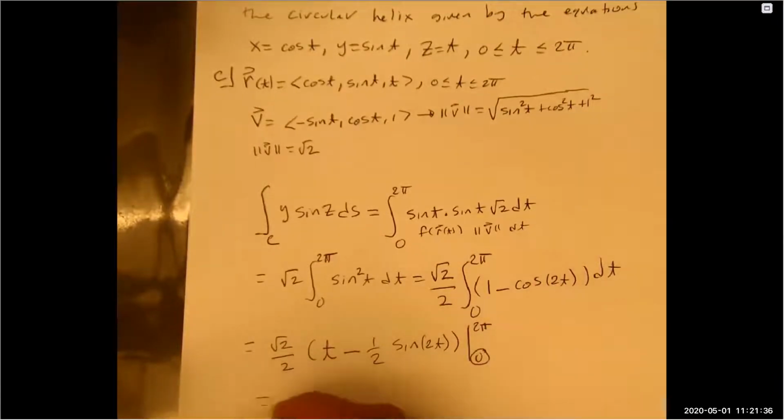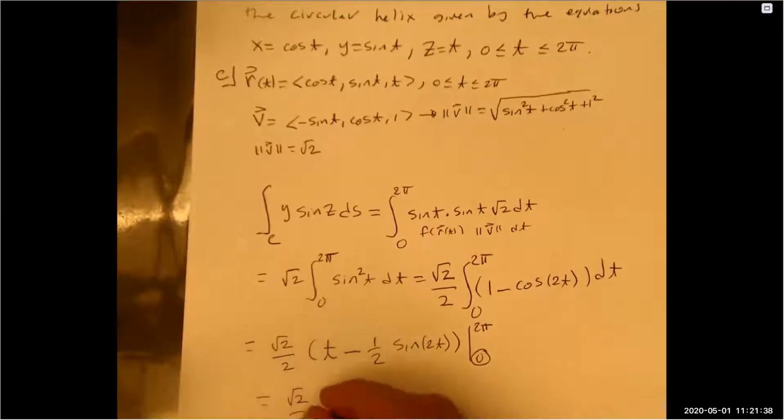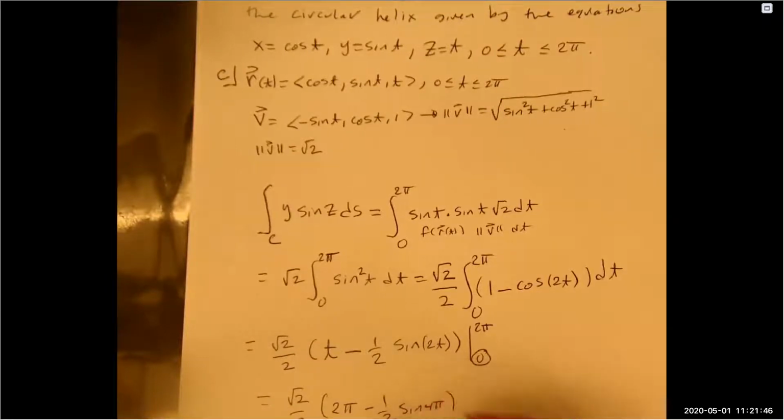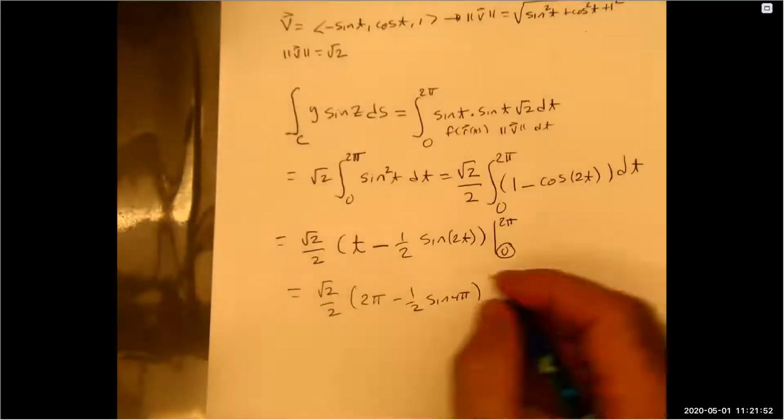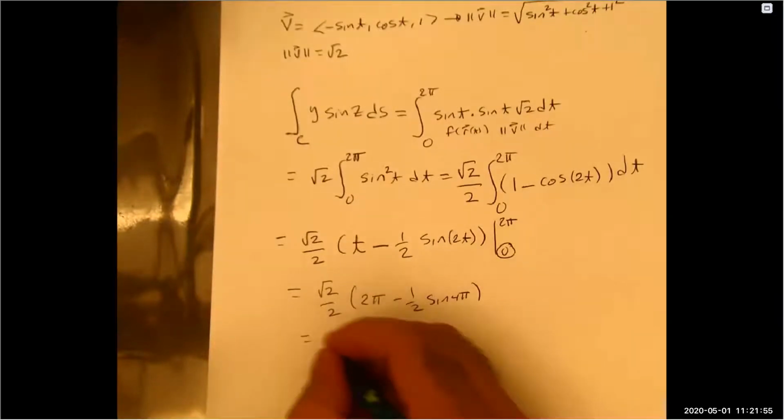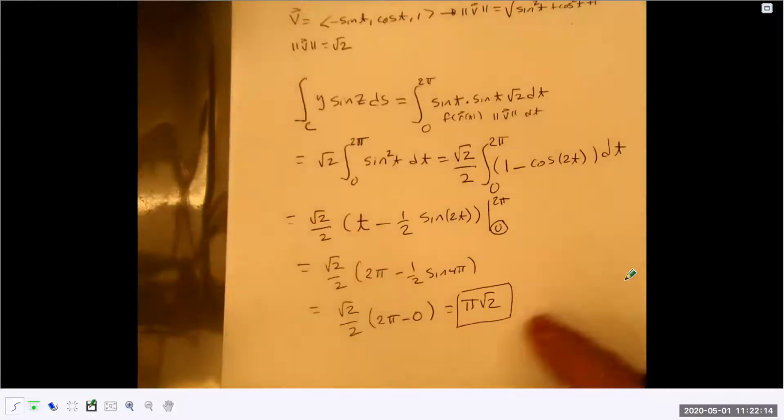So we're going to have root 2 over 2 times 2 pi minus 1/2, and we'll have the sine of 4 pi. And the sine of 4 pi would be what? 0. So this is equal to root 2 over 2 times 2 pi minus 0. And so that's just equal to pi times root 2.